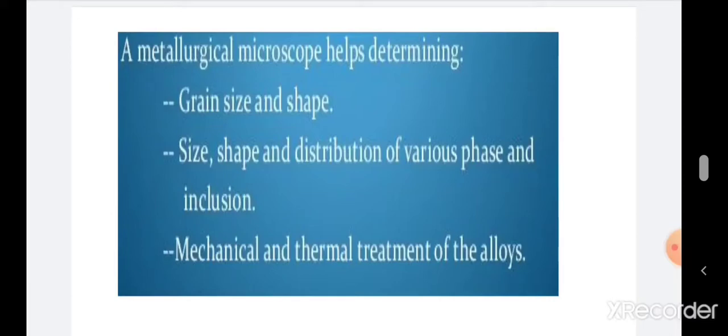If you want to observe the shape and size of such microstructure and grain, you have to use a metallurgical microscope. And third, the mechanical and heat treatment of alloys. If you want to study that, you have to use a metallurgical microscope.